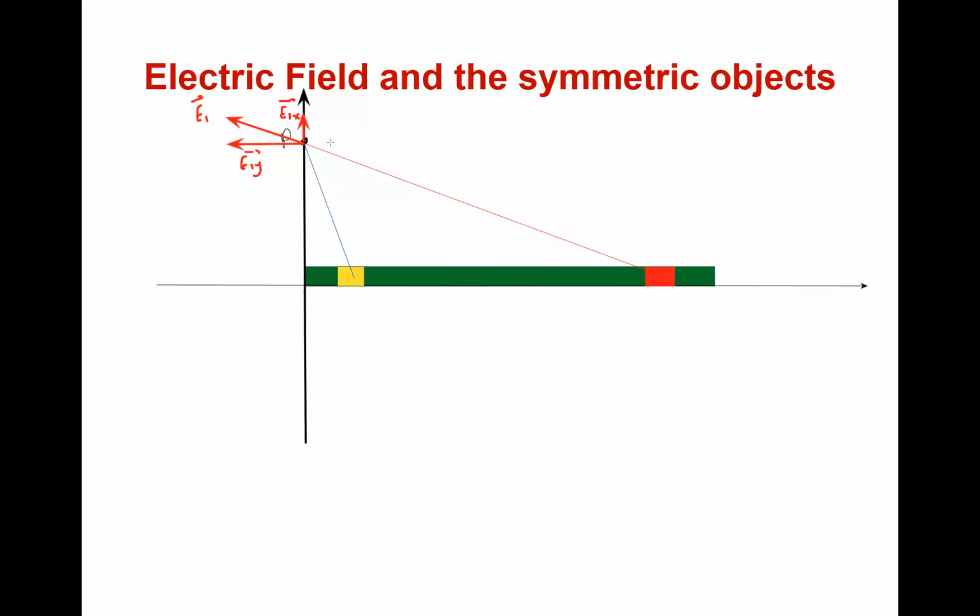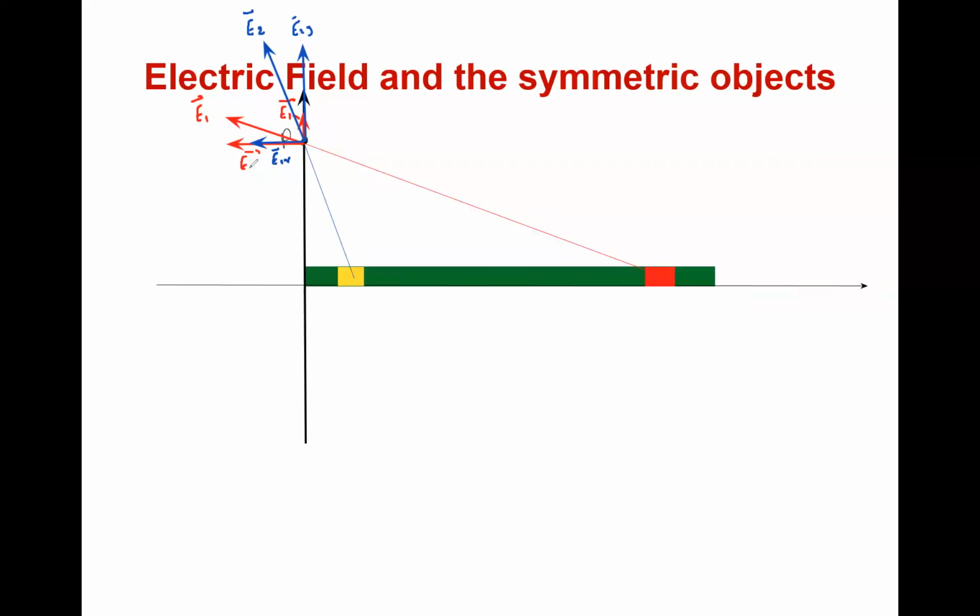We have E2 with two components, E2Y and E2X. You see here, we don't have two opposite components. Here it's EX and here it's EY.